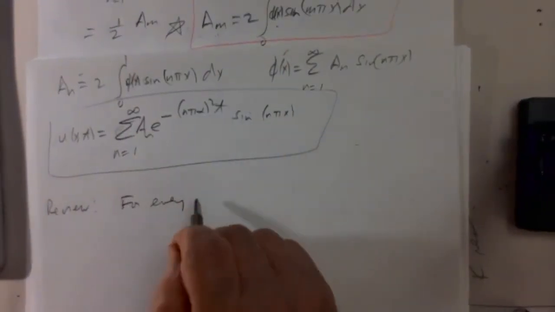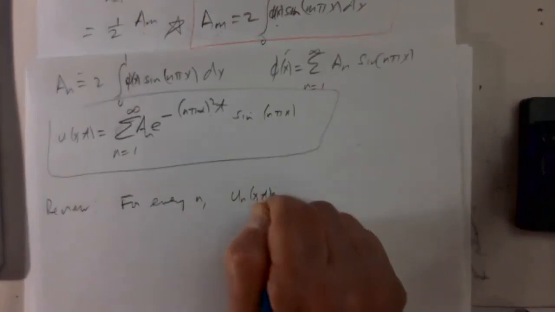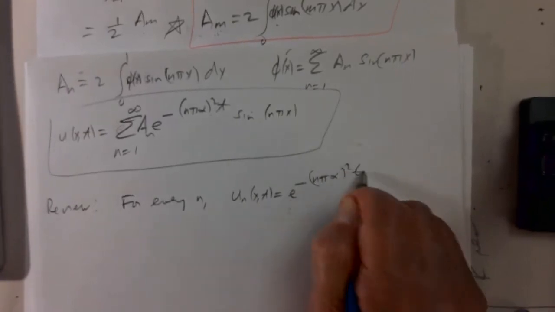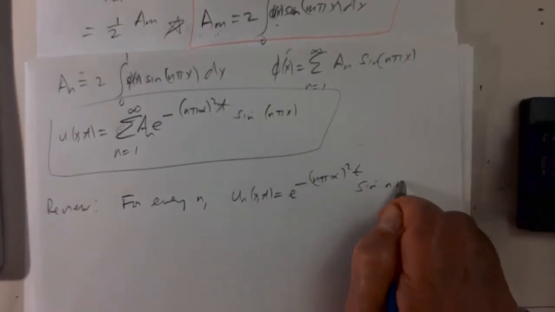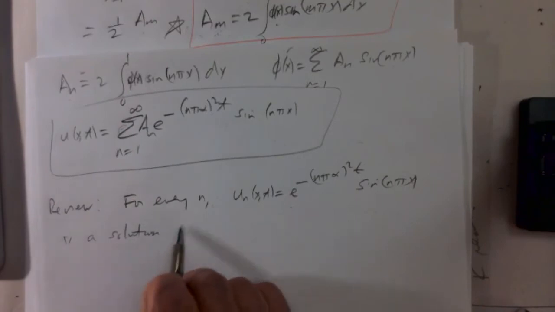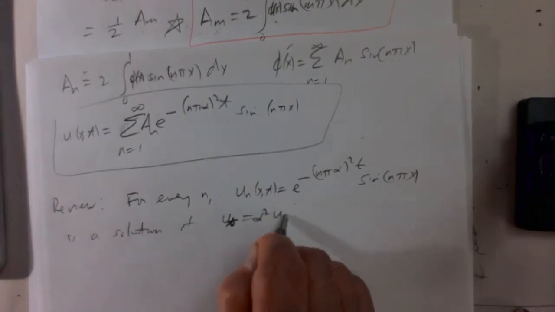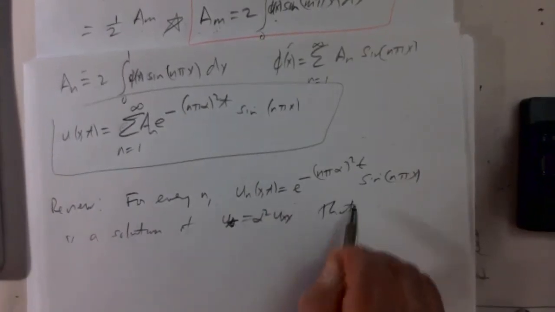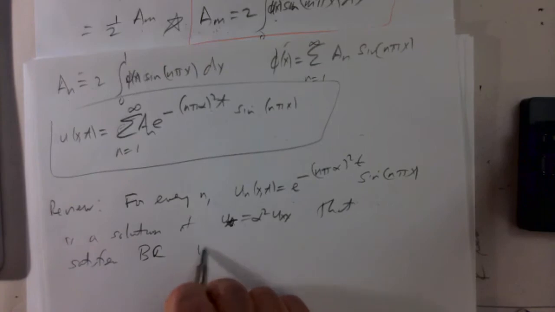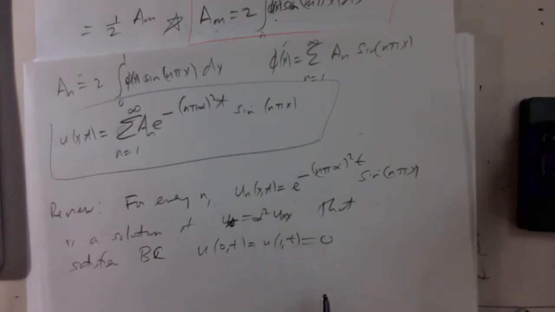For every positive integer n, the function u_n of x,t equals e to the minus n squared pi squared alpha squared t sine of n pi x is a solution of the partial differential equation that satisfies the boundary condition that u of 0,t and u of 1,t equal 0.